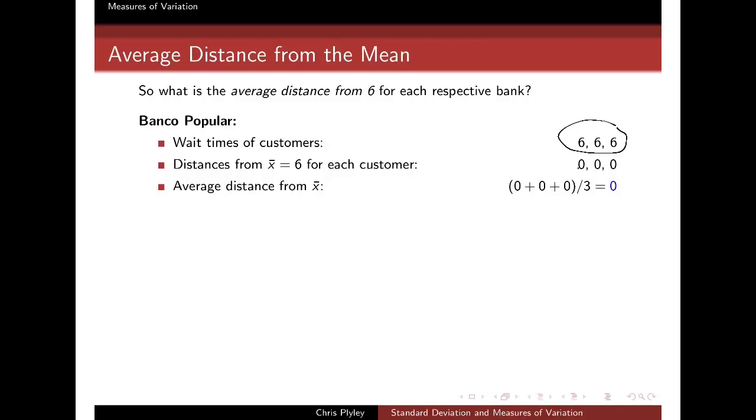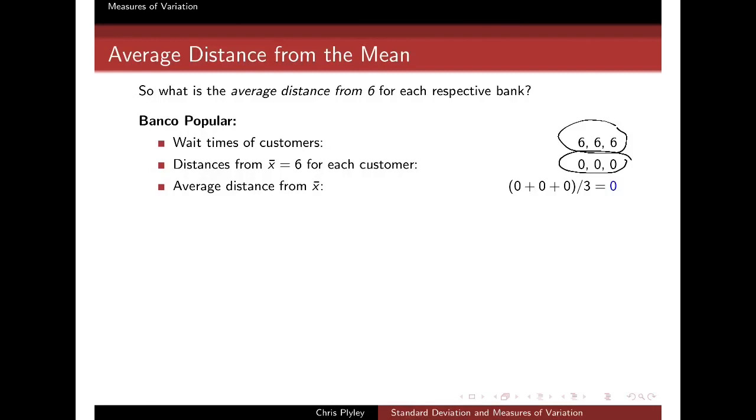In other words, our customers had no difference in their wait time and the mean waiting time. And so the average of these three numbers, 0 plus 0 plus 0 over 3, is just 0. And what that means is just a quantification of our observation that at Banco Popular, the data points had no difference from the mean.